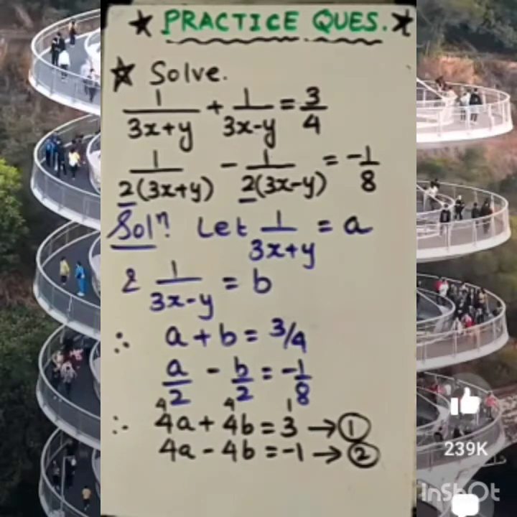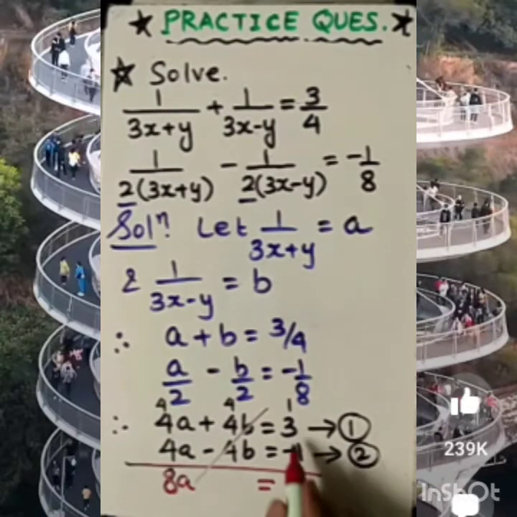Fine. Now we can apply the elimination method to both of these equations. Here the equations are ready, you can see, because plus 4b and minus 4b have opposite signs and can be eliminated. 4a plus 4a gives the result 8a. So here I have 8a. 3 minus 1 is of course 2.